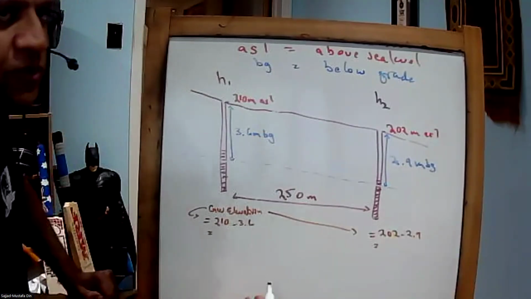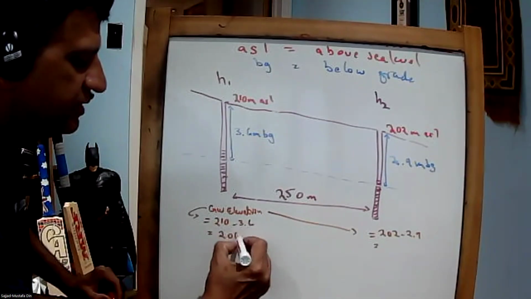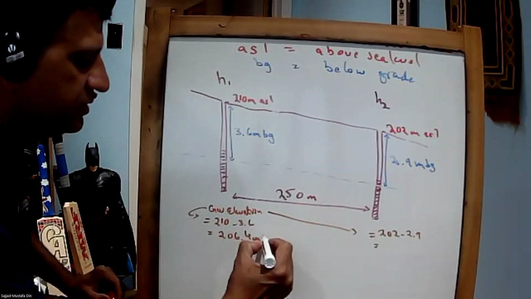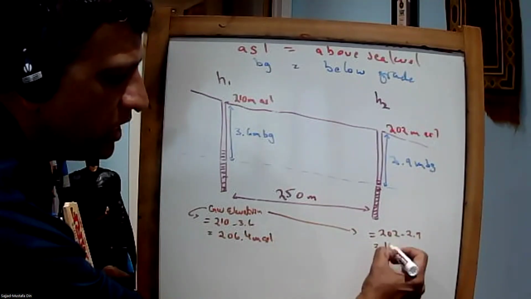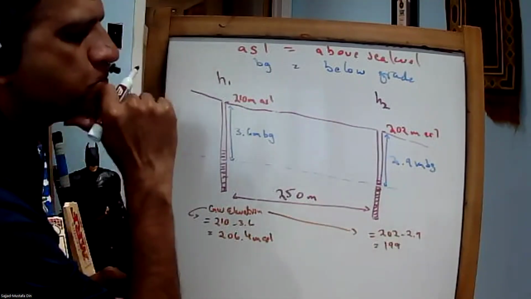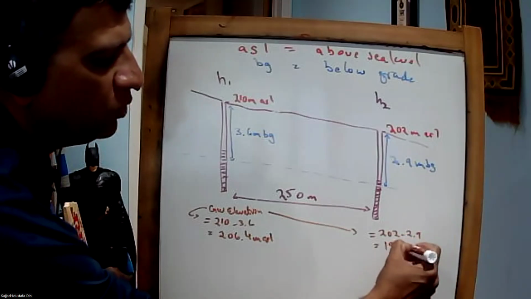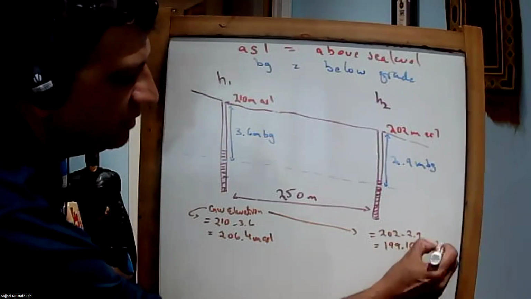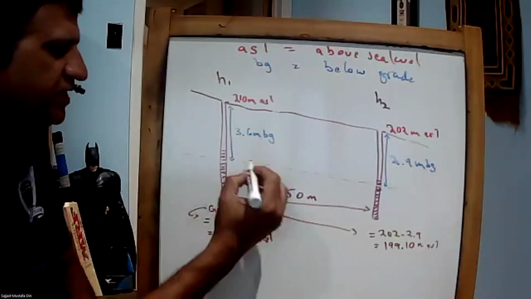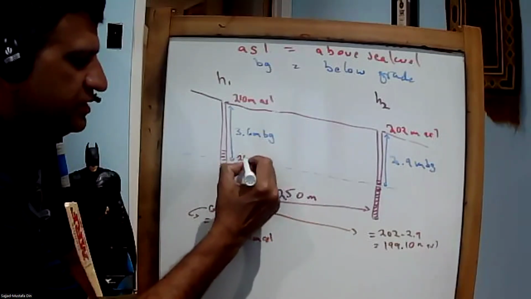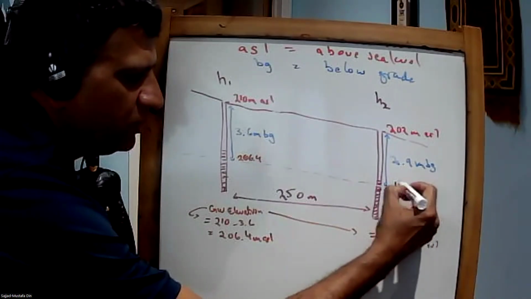So 210 minus 3.6 will be 206.4 meters above sea level. 202 minus 2.9, so that will be 199.10 meters above sea level. That's what this elevation is right here. 206.4, 199.1.